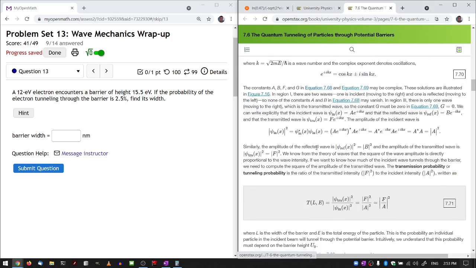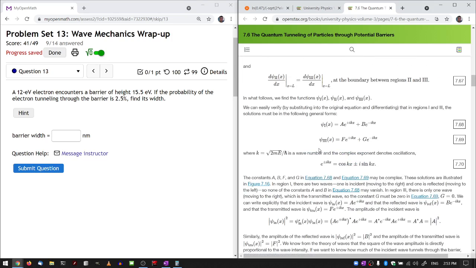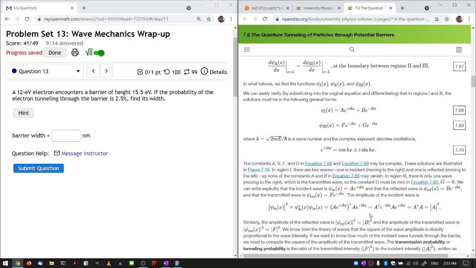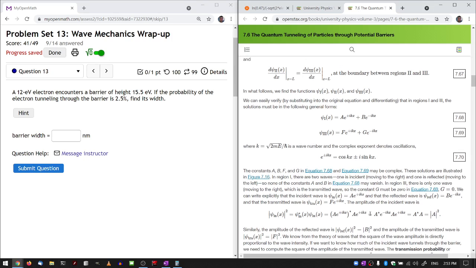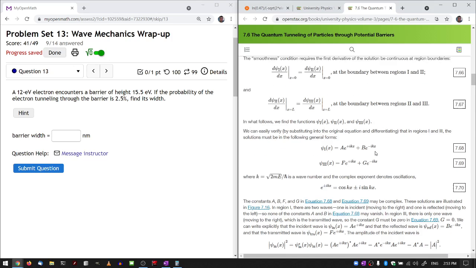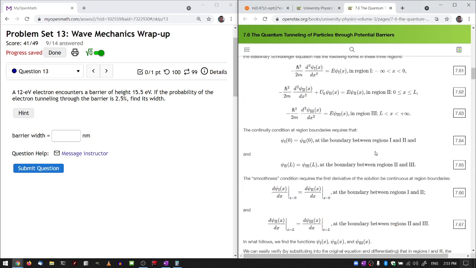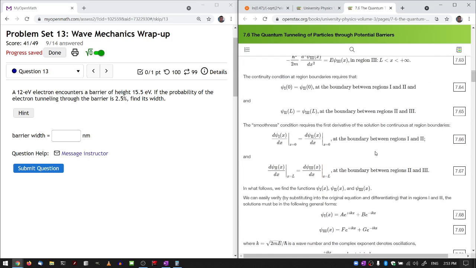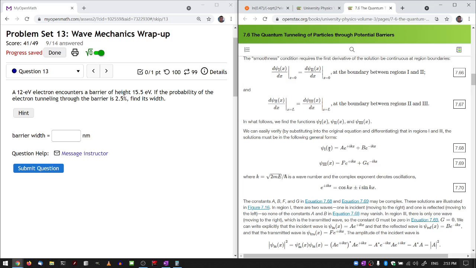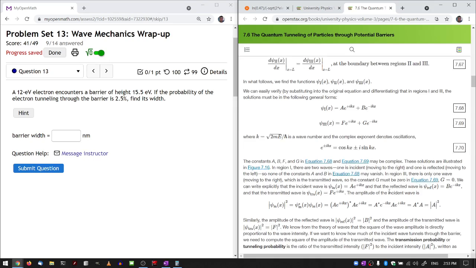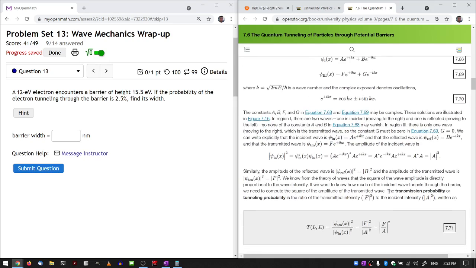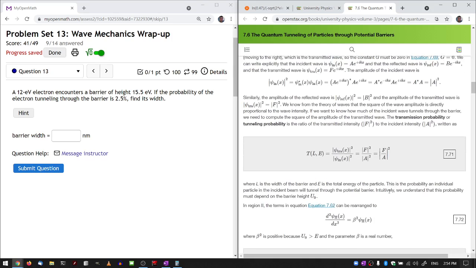In region 2, where's my region 2? Wait, do they never write down the region 2 solutions? They write down region 1 and region 3? Oh wow, they never actually work out this solution. Or, oh, no, no, no.